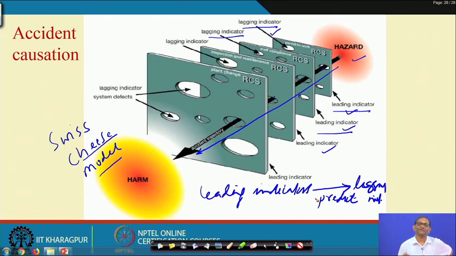When we discuss the leading and lagging indicators in detail, we will discuss one or more cases, but it is not possible to tell you several cases under this because of time constraint. But those who are listening to me, please understand it is applicable to safety in all domains, all contexts. You have to use this. And if I know the leading indicators, I am telling you, prevention is very much easy.